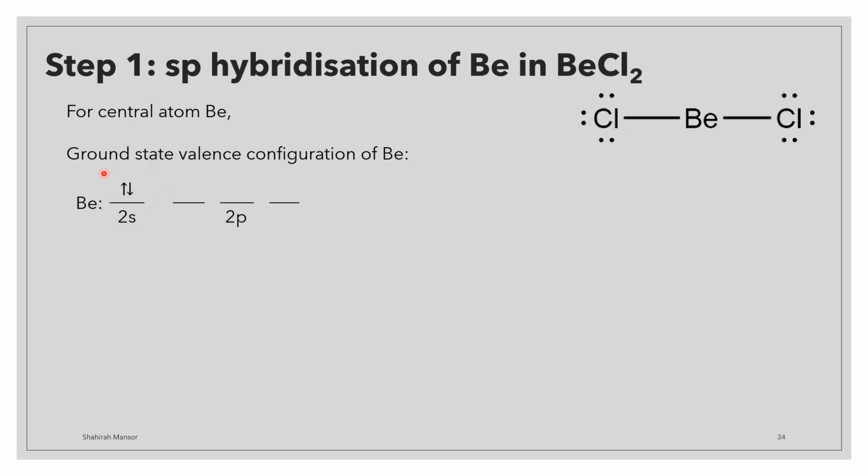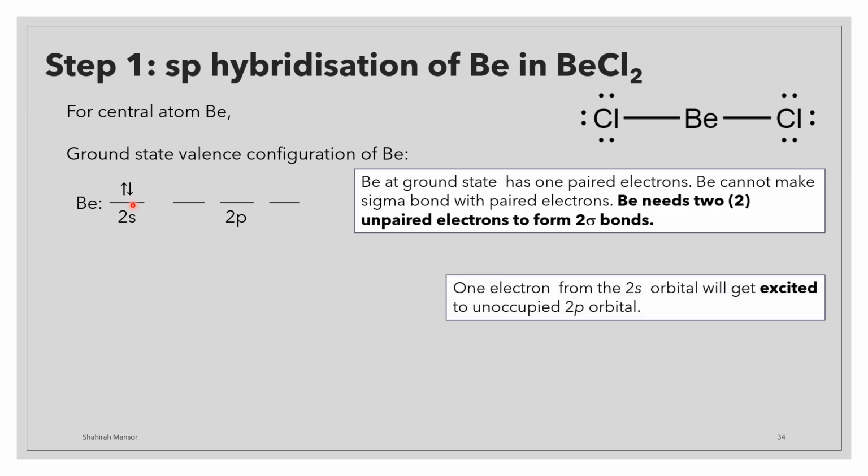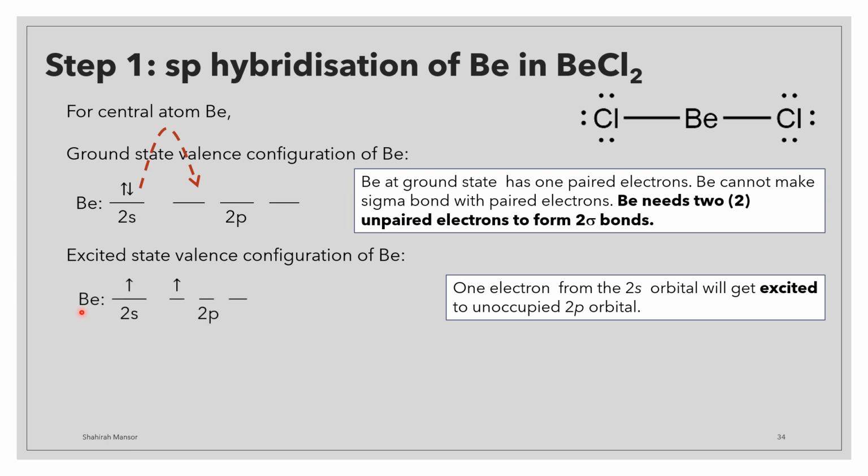Tetapi kita ada satu elektron yang berpasangan. Bermaksud, it is impossible to form these two covalent bonding. So, what we have to do adalah we need to do excitation. So, one electron from the 2s will get excited to the empty 2p orbital here to get this new configuration. So, this configuration kita panggil sebagai excited state valence configuration.